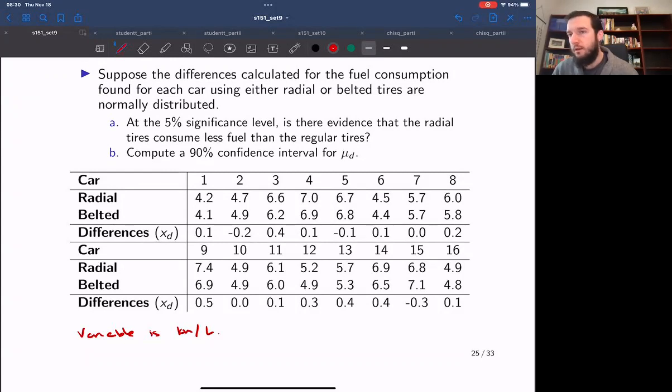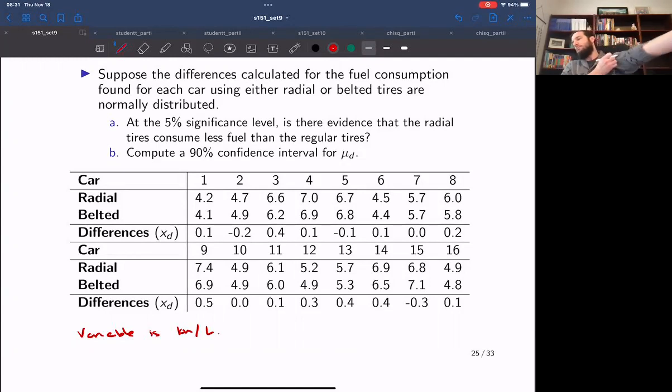So what we would like to know is whether the fuel consumption of the radial tire is less than the fuel consumption of the belted tire. So what we would like to know is, do cars travel further per liter of gas on the radial tire compared to the belted tire?